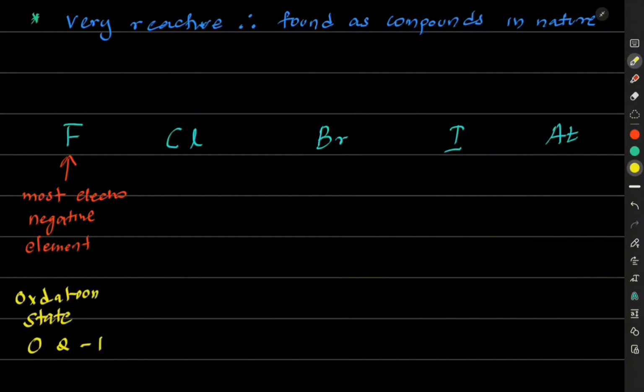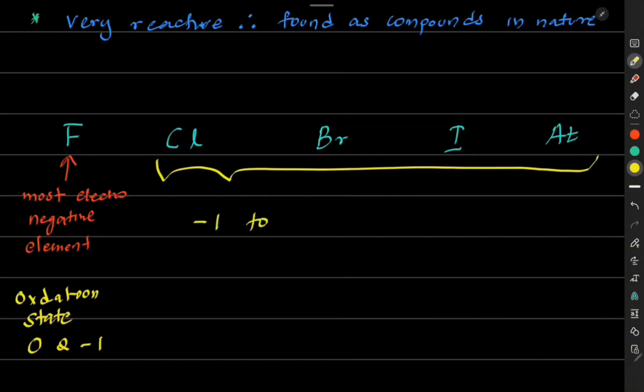Chlorine, bromine, iodine, and astatine form oxidation states from -1 to +7.